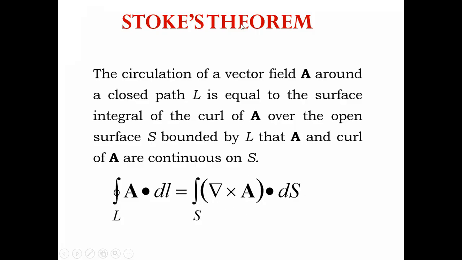See very carefully. As we have studied the curl now, we can understand. This is del cross A. So A dot dl means line integral of a vector is equal to the surface integral of curl of the vector. Are you getting my point? Another important point: this circle means this is a closed path, and here it is the open surface.